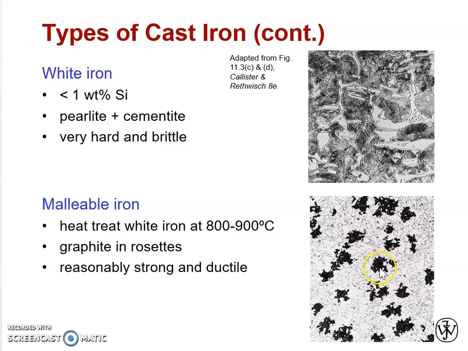You can see the image looks like a rosette. The graphite looks like a rosette, and it is strong and ductile as well.